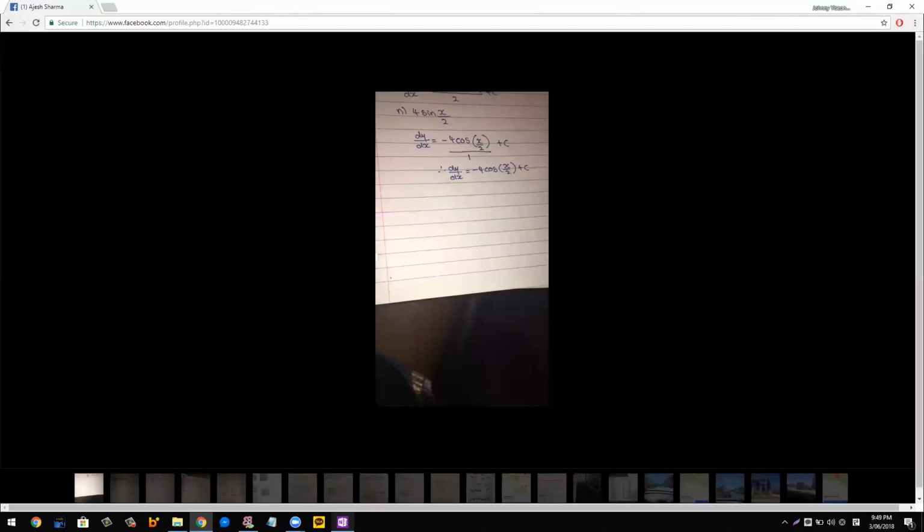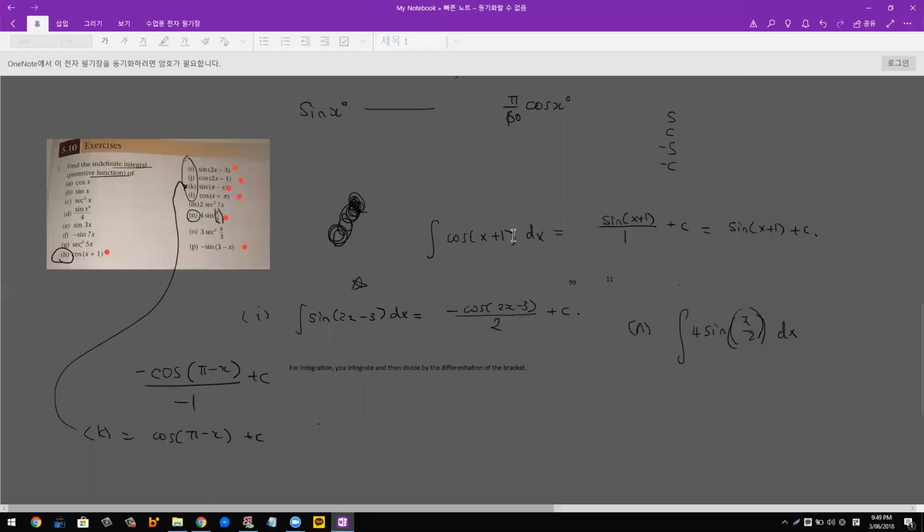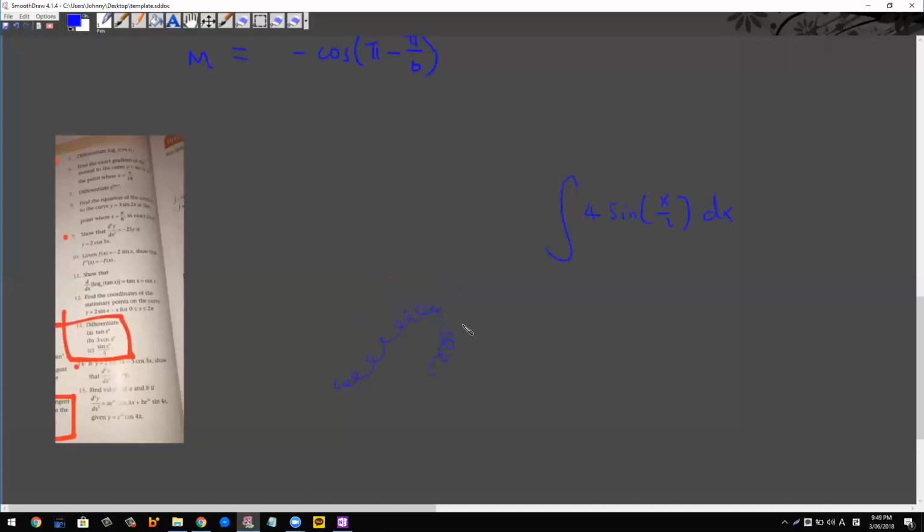So let's have a look. The question is integral of 4 sine of x on 2, right? It doesn't have the bracket there, but still, you still have to put a bracket.